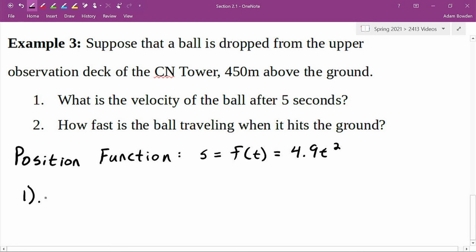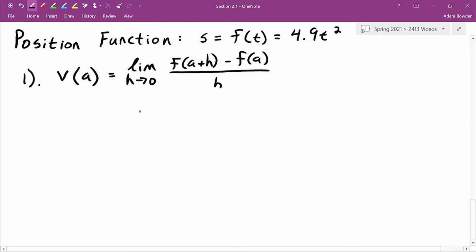So for the first part, we want to know what is the velocity of the ball after 5 seconds. When we say velocity, we most of the time mean instantaneous velocity. So we're going to use our definition of instantaneous velocity at this point with the limit as h approaches 0. I'm going to go ahead and write it as v of t just to change the variable letter to match up with time t in this instance.